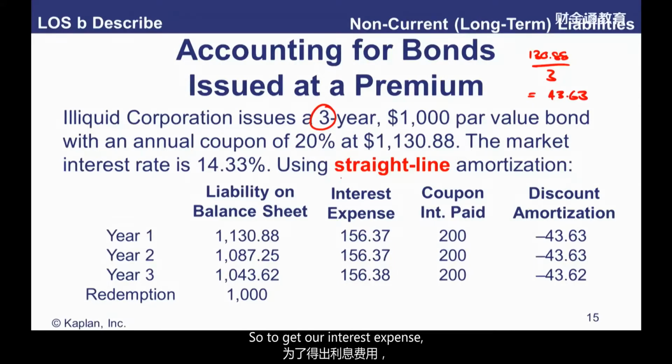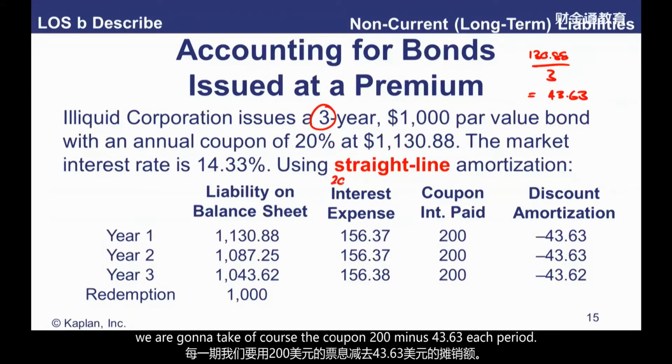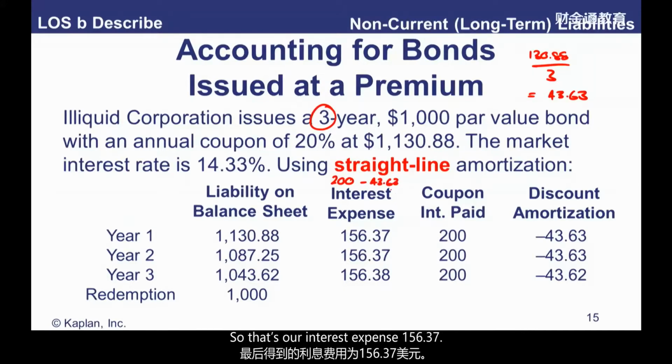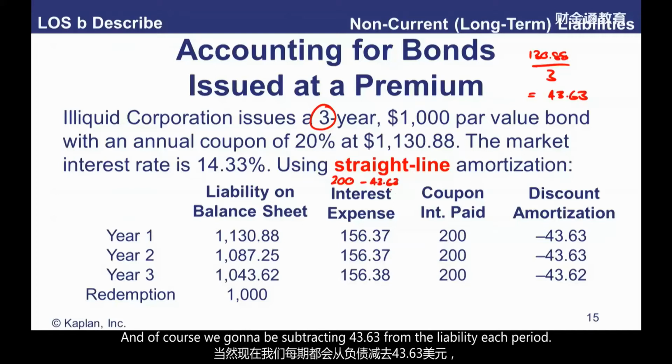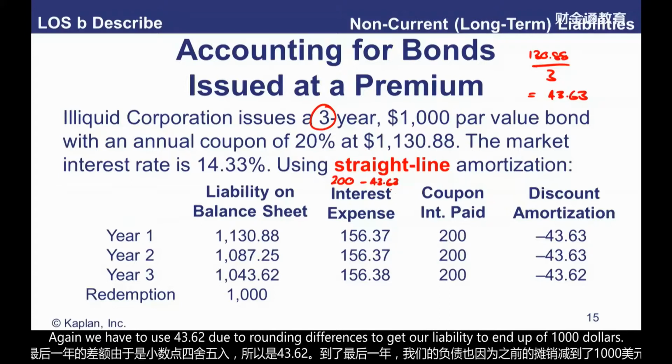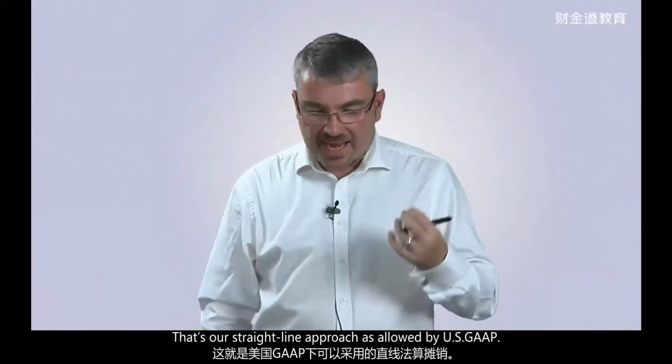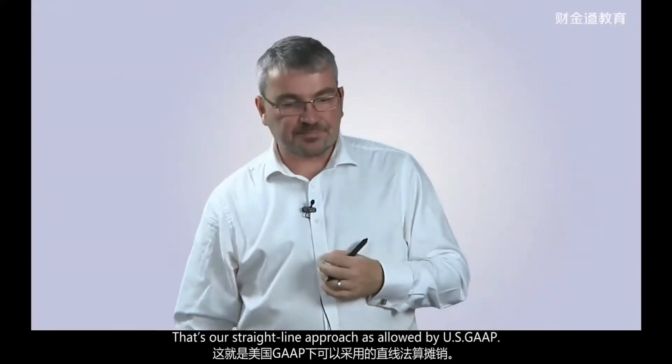So to get our interest expense, we're going to take, of course, the coupon, 200 minus 43.63 each period. So that's our interest expense of 156.37. And of course, we're going to be subtracting 43.63 from the liability each period. Again, we've had to use 43.62 due to rounding differences to get our liability to end up at $1,000. So that's our straight line approach as allowed by US GAAP.